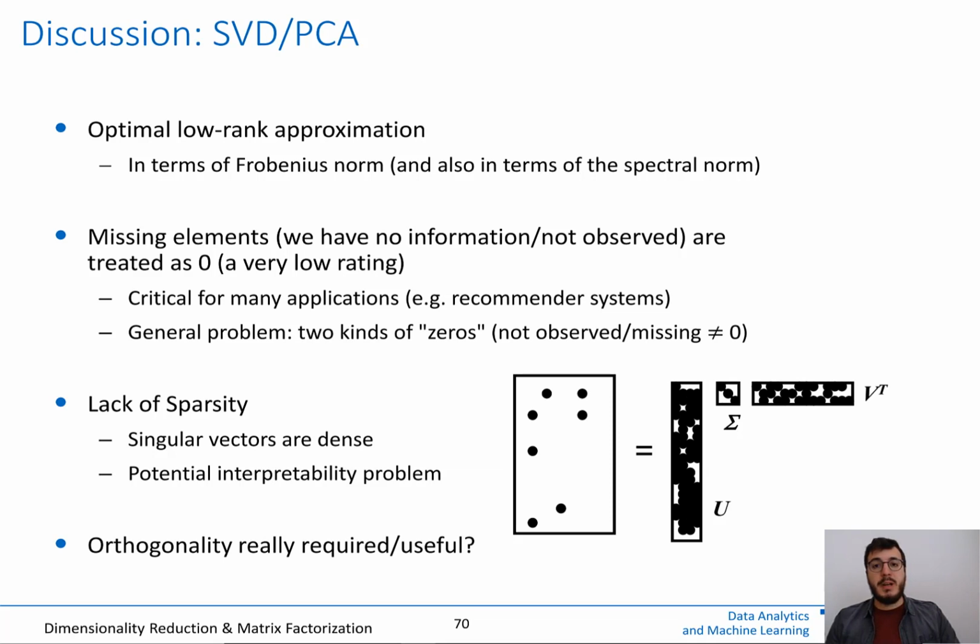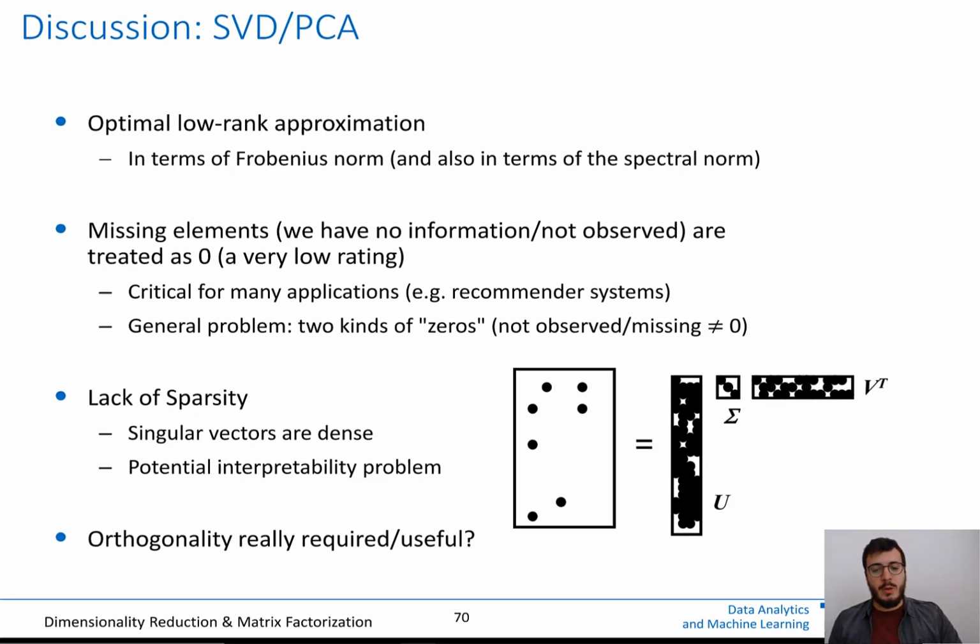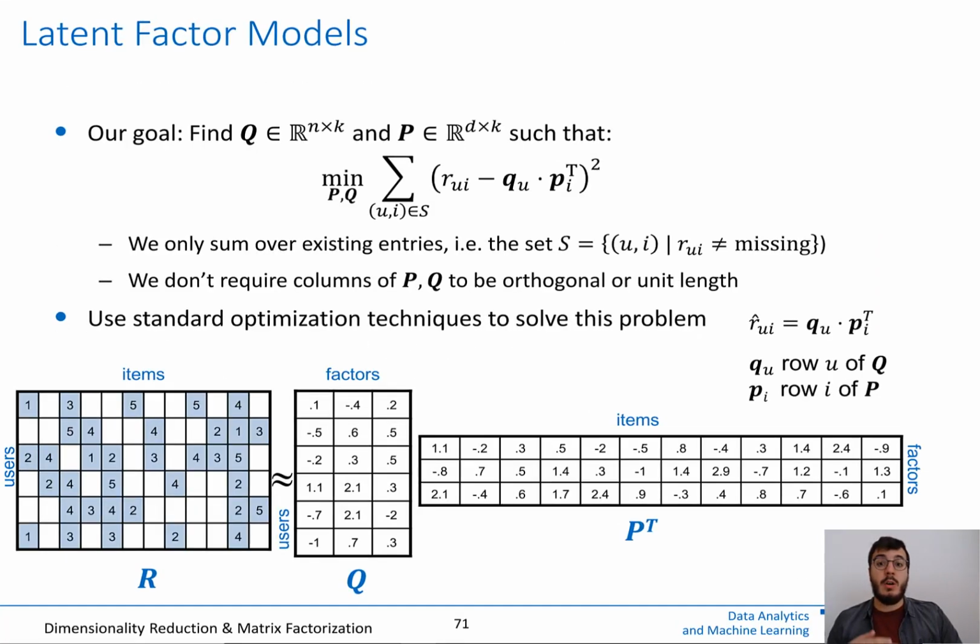Okay, so because of all of these issues with SVD, we're going to put it aside, and we're going to try again in order to solve the recommendation system problem. Specifically, what we're going to look at is what are called latent factor models.